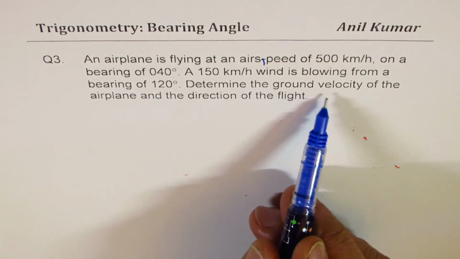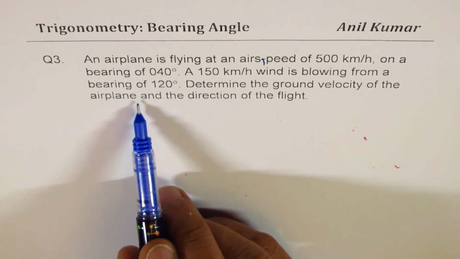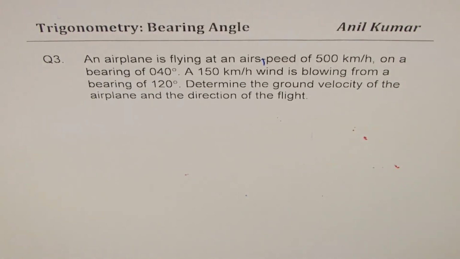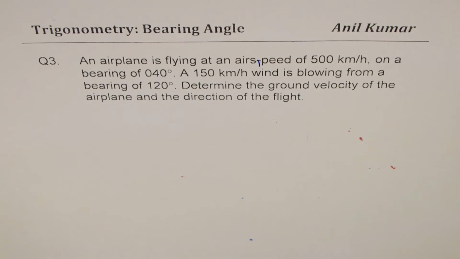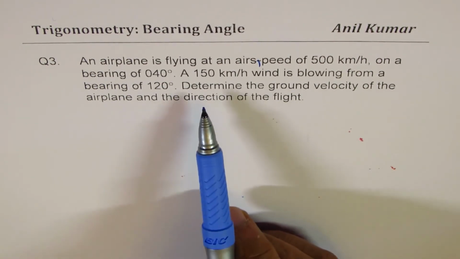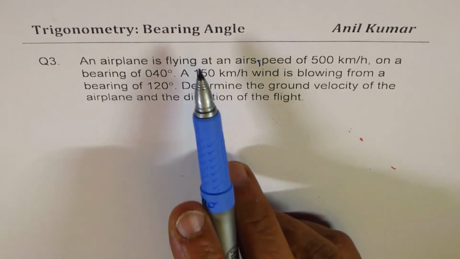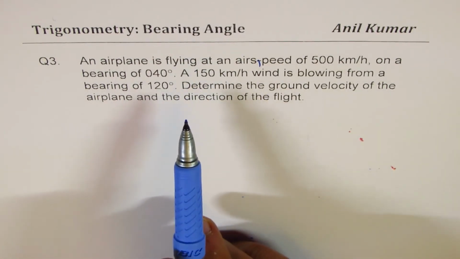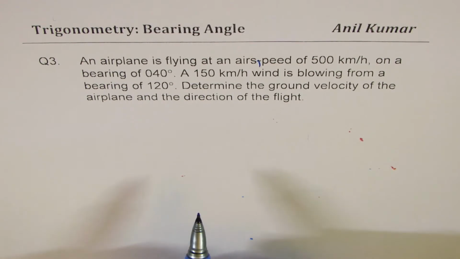Determine the ground velocity of the airplane and the direction of the flight. Now, I'd like you to pause the video, answer this question, and then look into my suggestions. In this example, we'll understand how to sketch clearly the situation where bearing angles are involved and then solve using sine and cosine law.